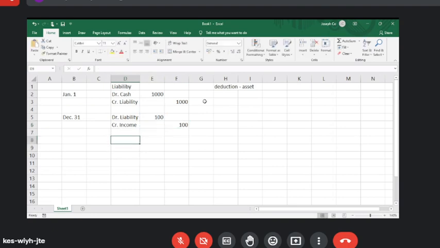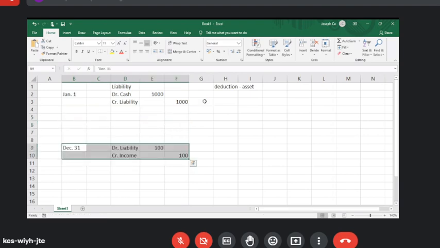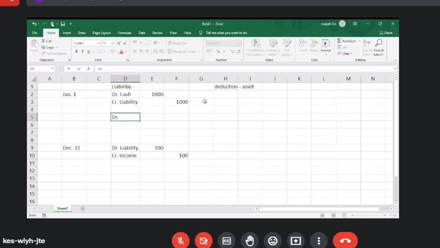Tapos, kunyari, may building tayo, no? We debit building and credit cash. 2,000.